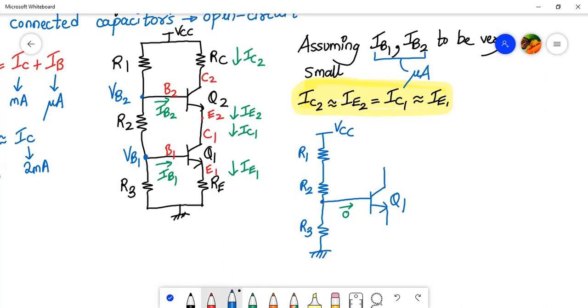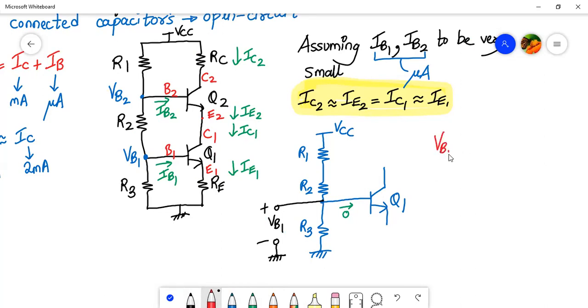This voltage over here is VB1, measured with respect to ground. It's a DC quantity. Now we can easily apply the voltage division rule, provided this base current is almost zero. So what does the voltage division rule say?